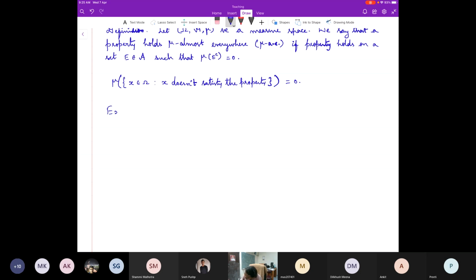So let's look at a simple example. Consider this function f from [0,1] to R given by f(x) equal to 1 if x belongs to Q, 0 if x belongs to Q complement, of course in [0,1].